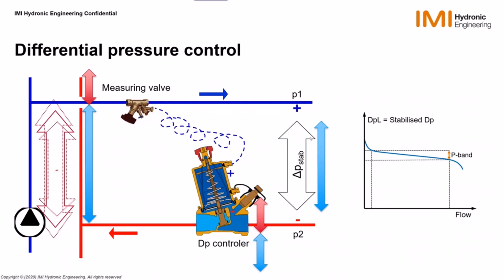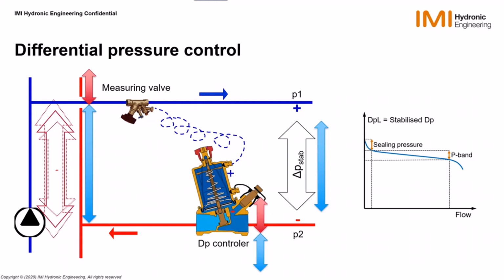If we force the full closure of the load here, what is happening, and this is peculiar of self-acting DP controllers like an STAP, like a TA Pilot, like a DA516, is that the delta P is increasing on the membrane, and in some way there is a sort of acceleration mechanism where the DP controller is able to close faster than the load, and therefore it will let a little bit of the available pressure go on the load when it is fully shut, but not so much because it's closing faster than the load, and it prevents the increase of delta P on the load from being too big.